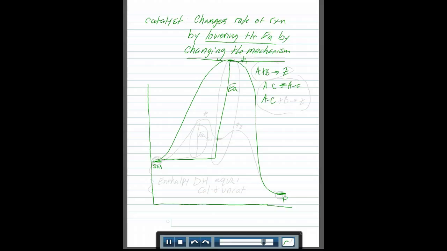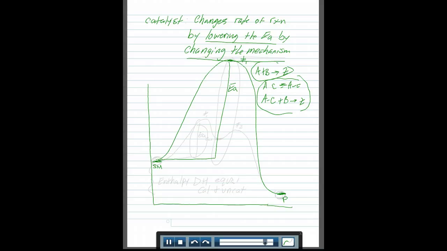Then AC reacts with compound B and forms Z. Notice this reaction is different. Now there are two steps. Without the catalyst, it's just A plus B gives me my product Z. Here, A has to react with C, and then AC has to react with B to form Z.